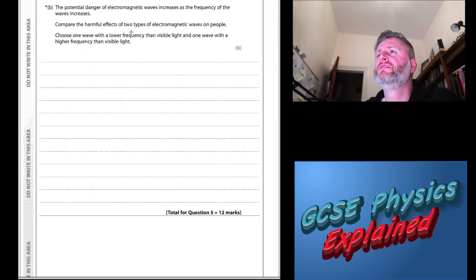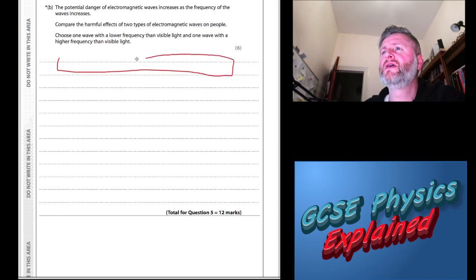B. The potential danger of electromagnetic waves increases as the frequency of the waves increases. Compare the harmful effects of 2 types of electromagnetic waves on people. Choose one wave with a lower frequency than visible light and one wave with a higher frequency than visible light. So if we quickly whip up the electromagnetic spectrum.